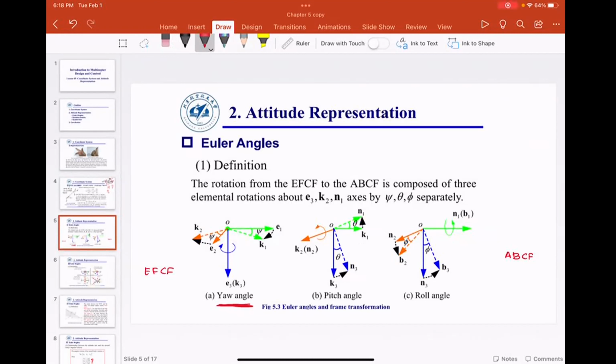And so you have psi, you have theta, and you have phi. This angle is called psi. This is theta. And this is called phi. So you have rotation about yaw, rotation about pitch, and rotation about roll.